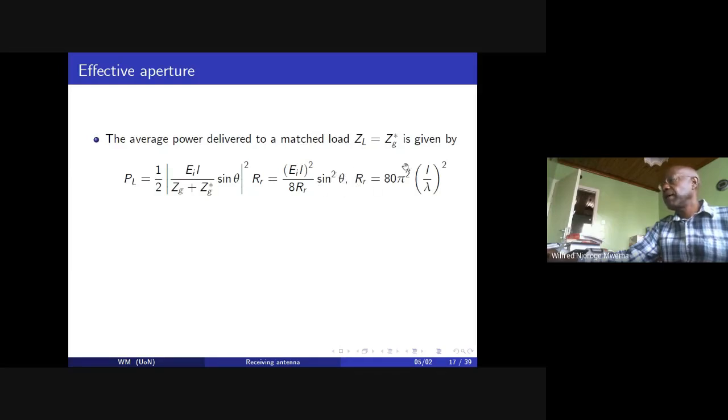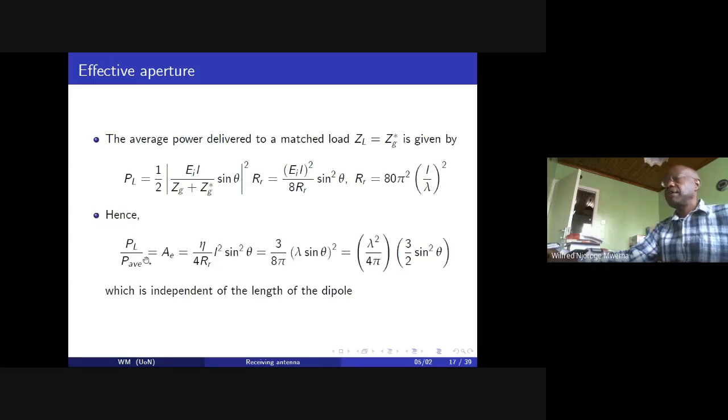And remember that for the Hertzian dipole, we saw that RR was simply given by 80 pi squared times L over lambda all squared. Hence, PL divided by P average gives us the effective aperture of that antenna, and we get a value of 3 by 8 pi multiplied by lambda squared sine squared theta.